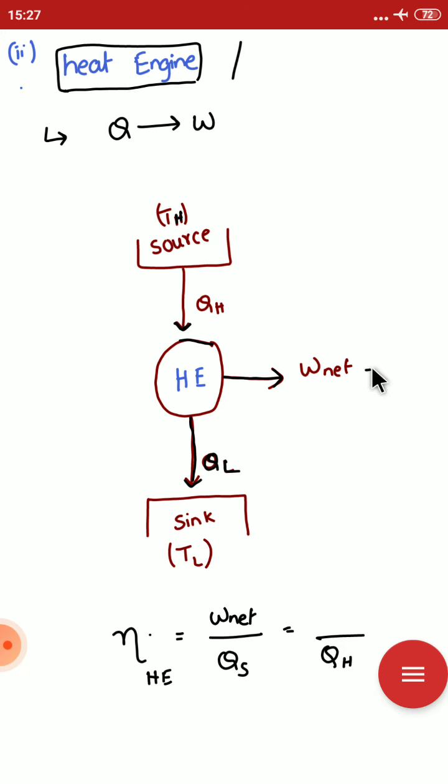W net is QH minus QL. So efficiency is (QH minus QL) by QH, which is 1 minus QL by QH. This is the efficiency of the heat engine.